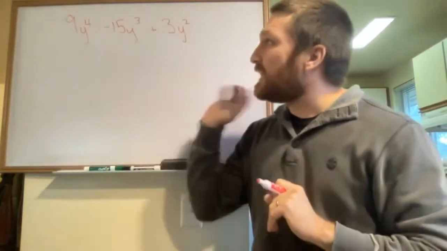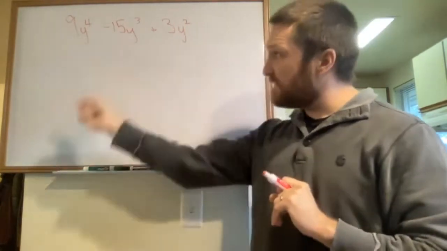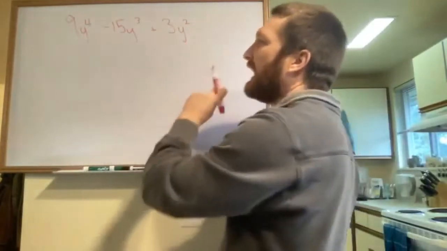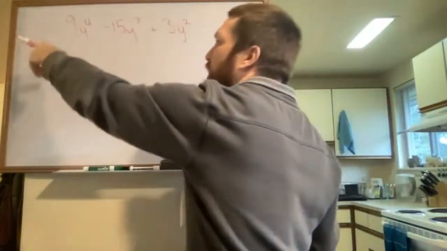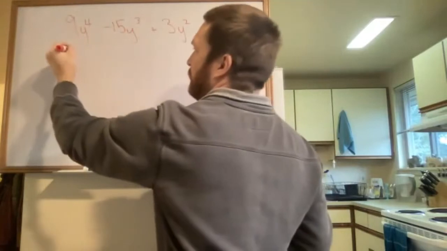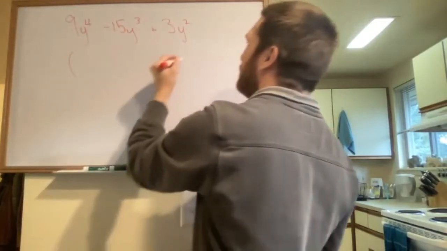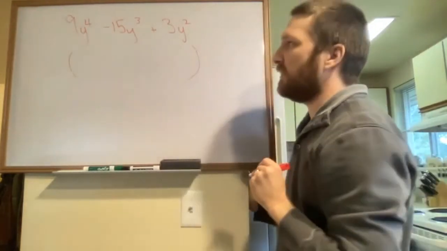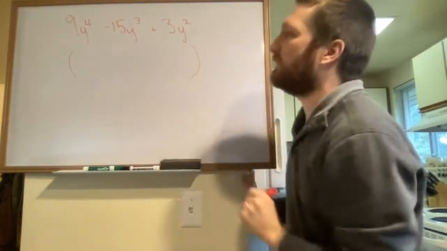So there is a greatest common factor in here. In other words, we could think about, and I call it pulling out stuff. So it's basically the opposite of multiplication. So first thing I notice is that there are y's in every single one of these, right?